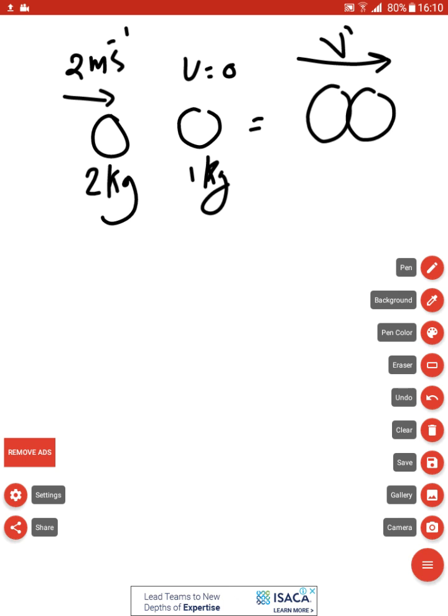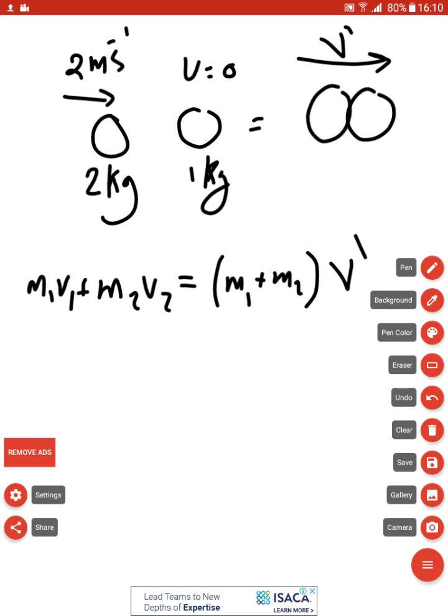Let's calculate its speed. So, m1v1 plus m2v2 before collision have to be equal to the total mass, which is m1 plus m2, multiplied by the speed of these objects, because it's the same.